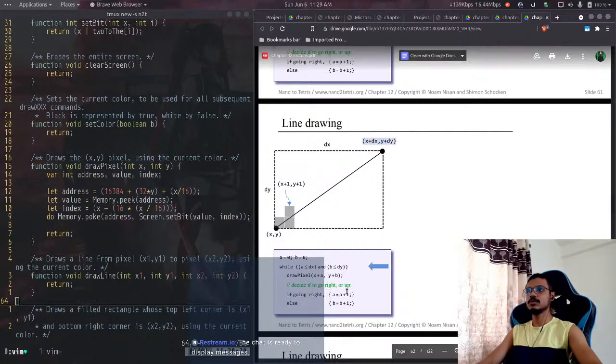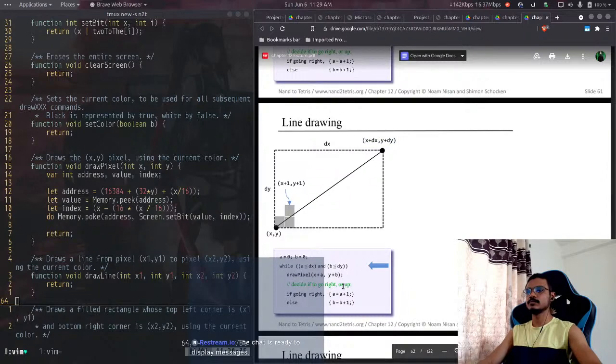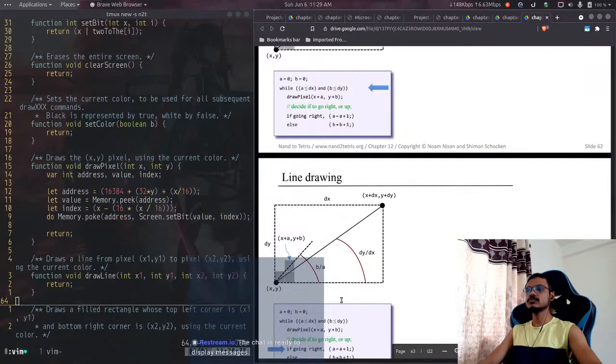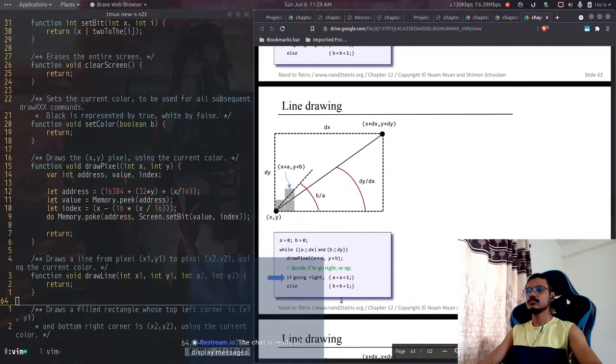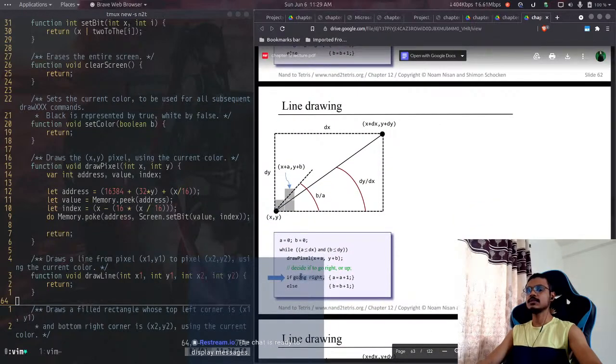Okay, dx and dy. So now we need a way to decide whether to go right or up.